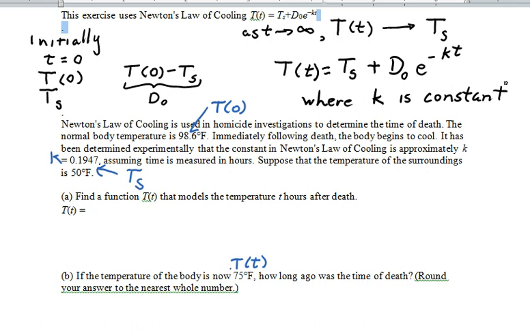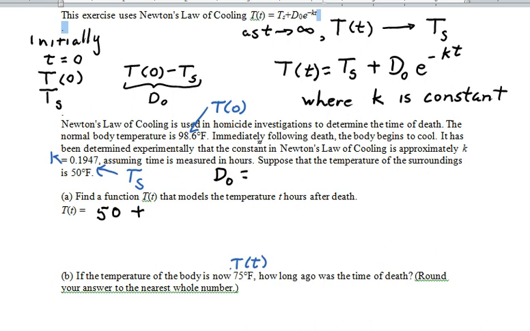So the function that models this situation, the temperature of the body, would be capital T of t equals T sub S, the temperature of the surroundings, which is 50 degrees, plus the D sub 0.